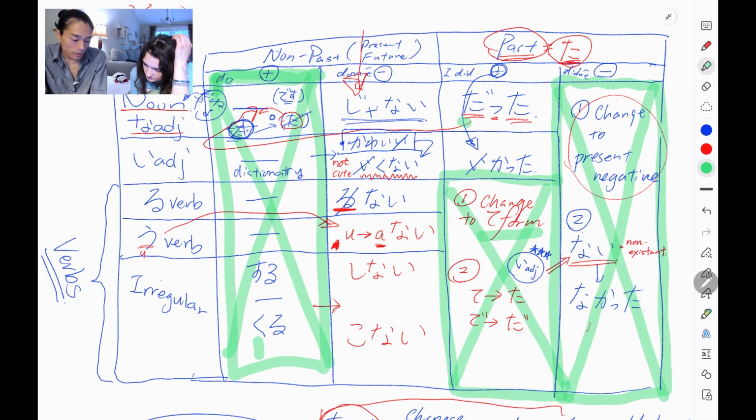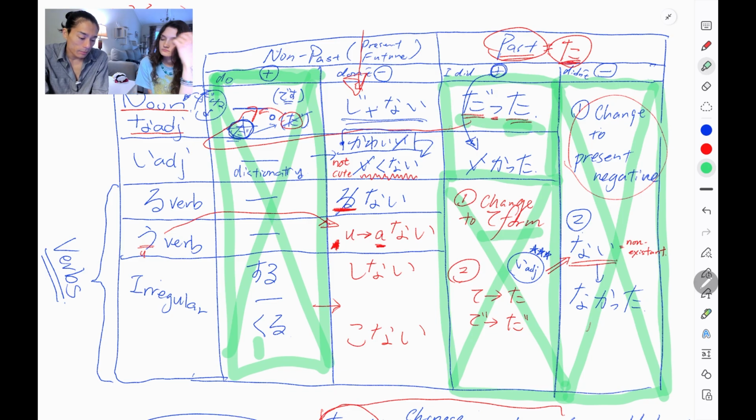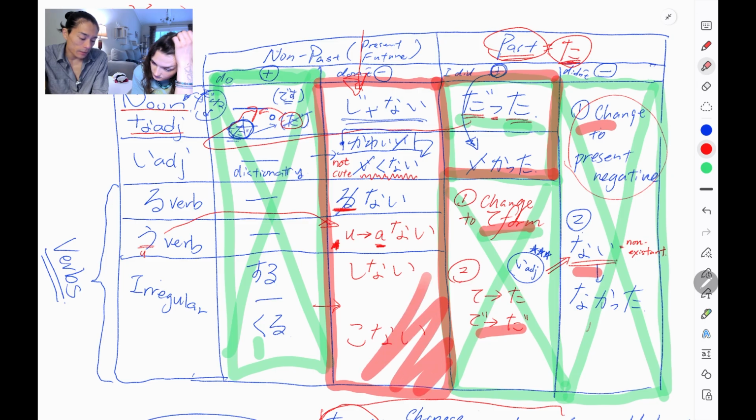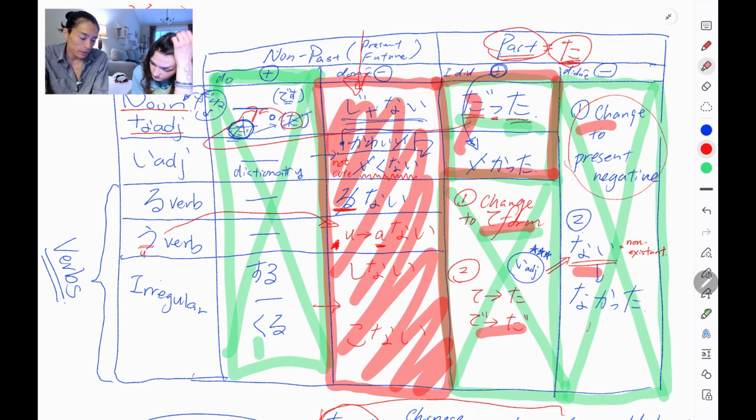And this one, if you include it, ta is added to make it past tense from the da here. Easy. What's left is definitely present negative and some of these steps to memorize. The stuff that you only have to seriously memorize is here.